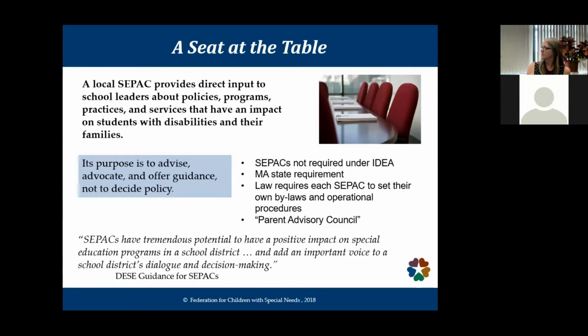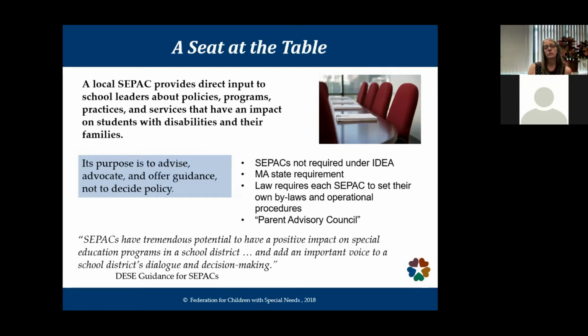What's interesting is they're not required under IDEA. It's not a federal mandate. This is something that came up driven by families and attorneys and community leaders to have families have a seat at the table in local school districts. So there is an actual law in Massachusetts that requires that every school district have a CPAC, and they run independently and individually.